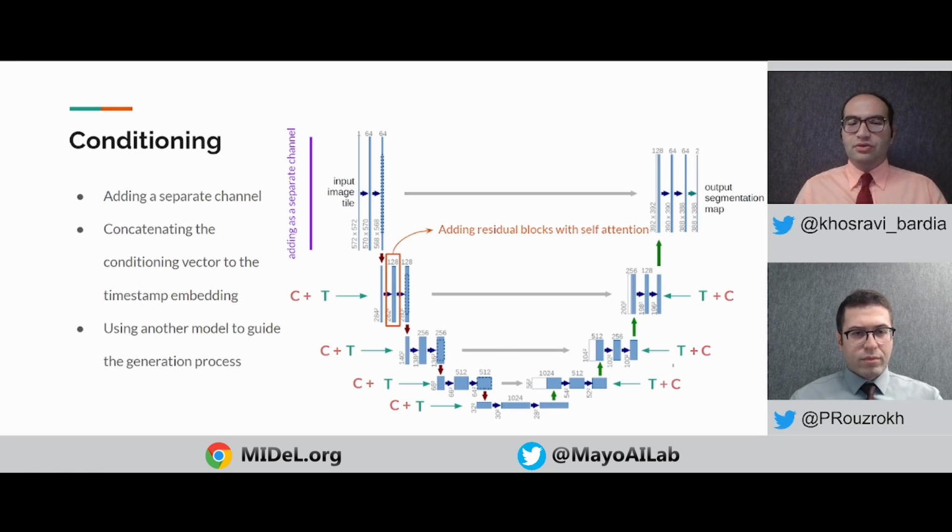The third way would be creating another classifier that's trained based on diffusion again, and then using the gradients of that to train the generator model of your diffusion. Something like a GAN, but the second model would be a classifier. It won't be a discriminator. It won't tell you real or fake. It will tell you the class probability of that image being related to a certain class.